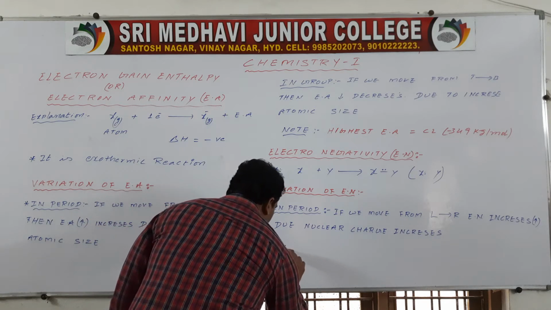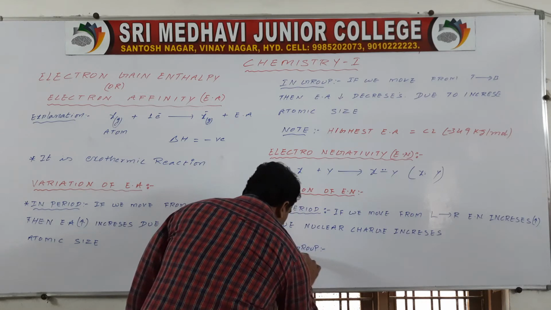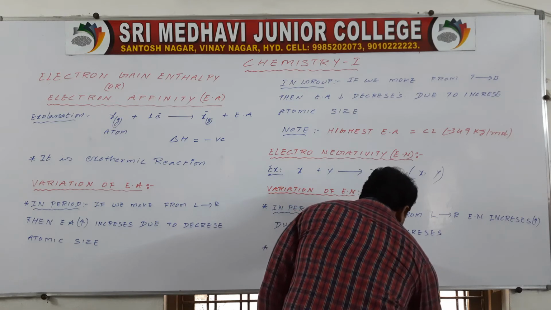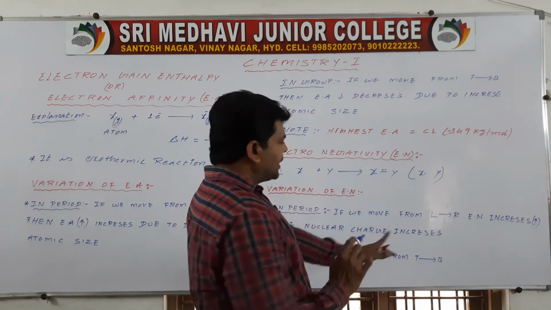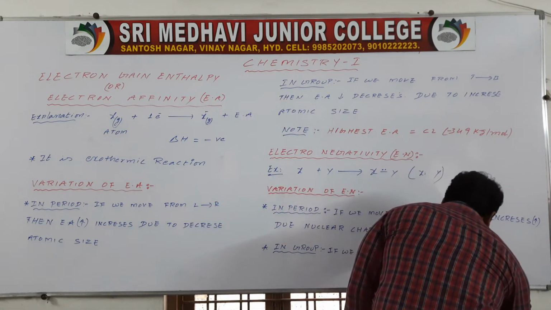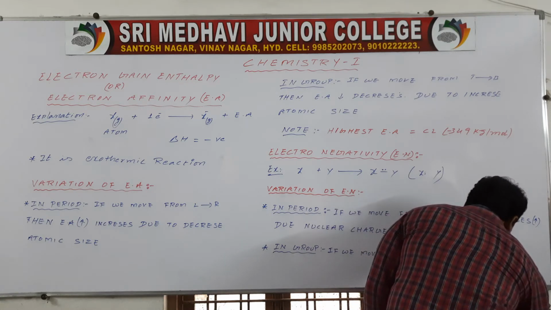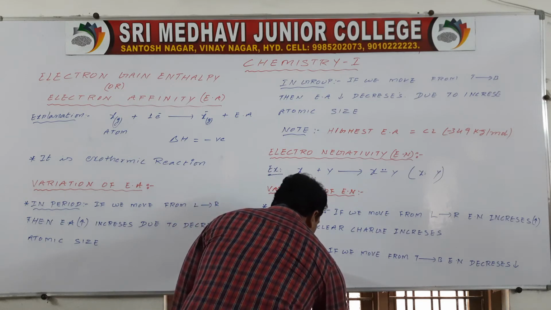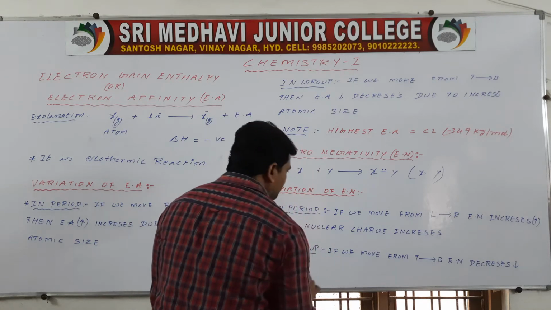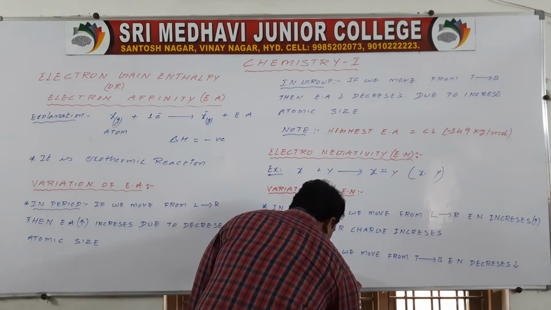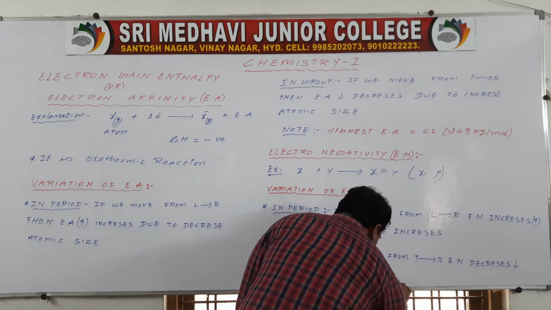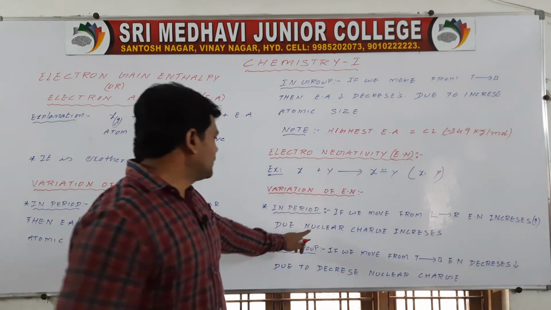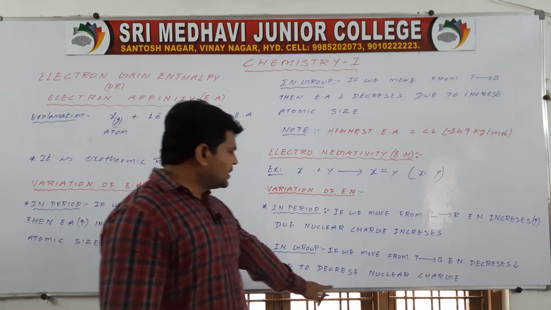Then in a group, if we move from top to bottom, T to B, electronegativity decreases, due to increase in atomic size, or decrease in effective nuclear charge.